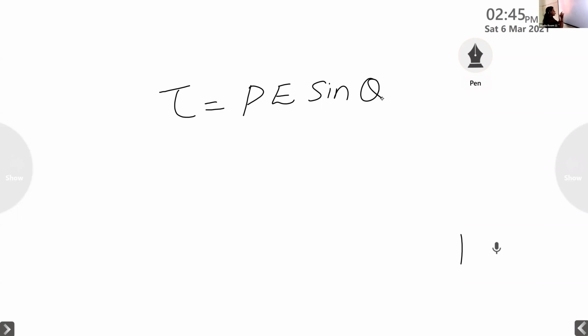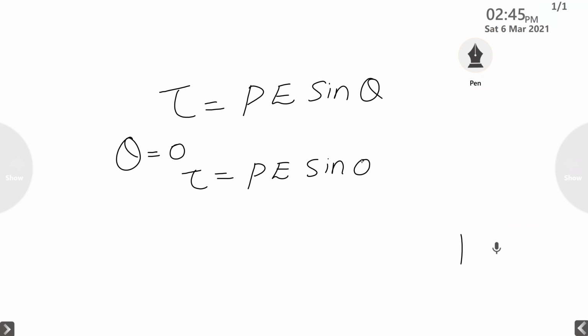Suppose theta is equal to 0. What is the value of tau? Tau is equal to PE sin 0. What is sin 0? 0. So tau is equal to 0.